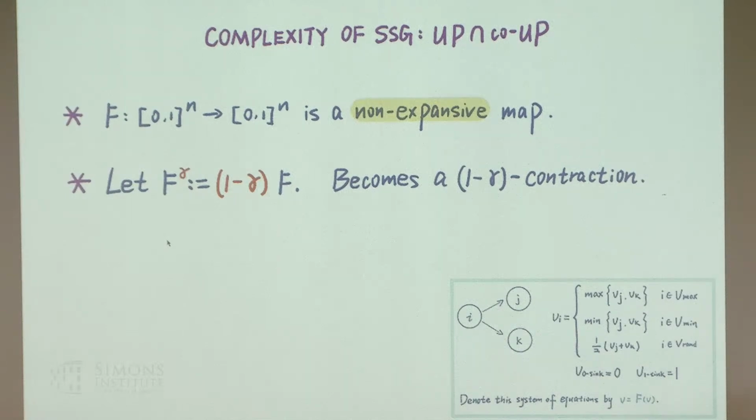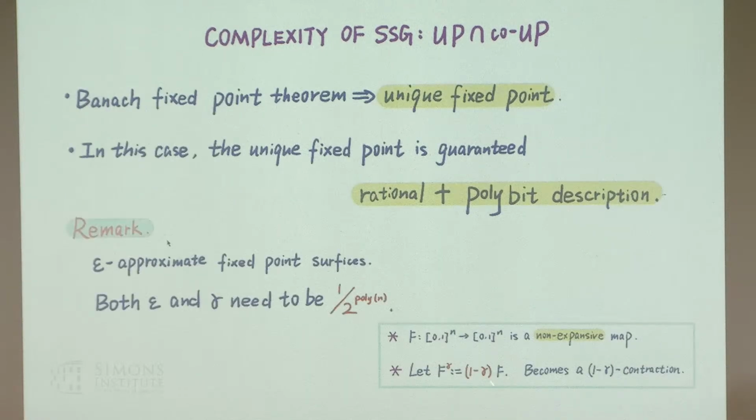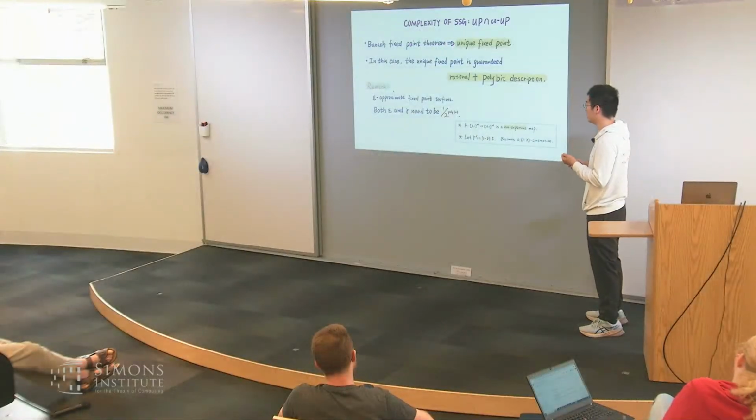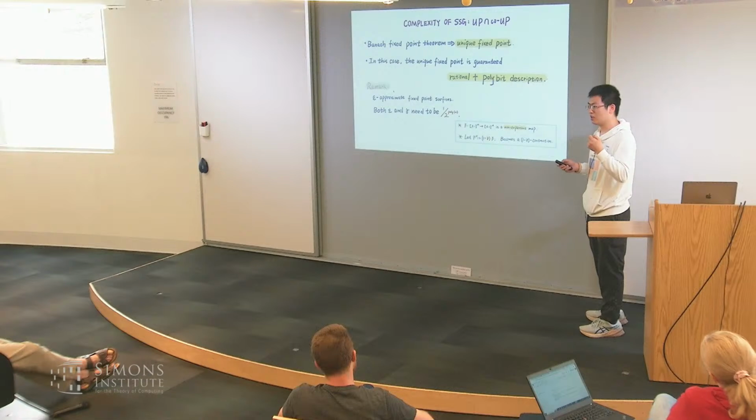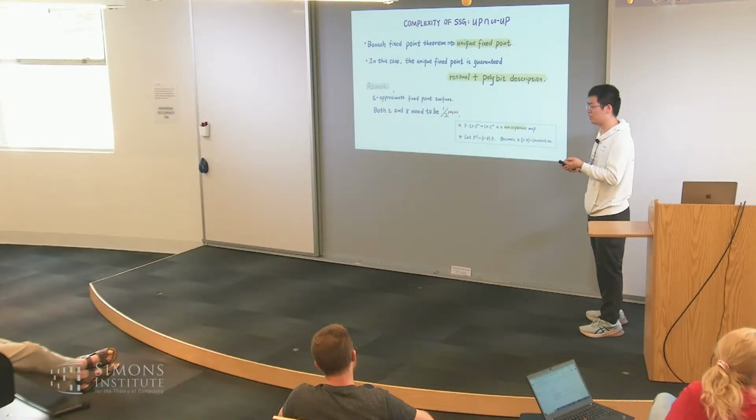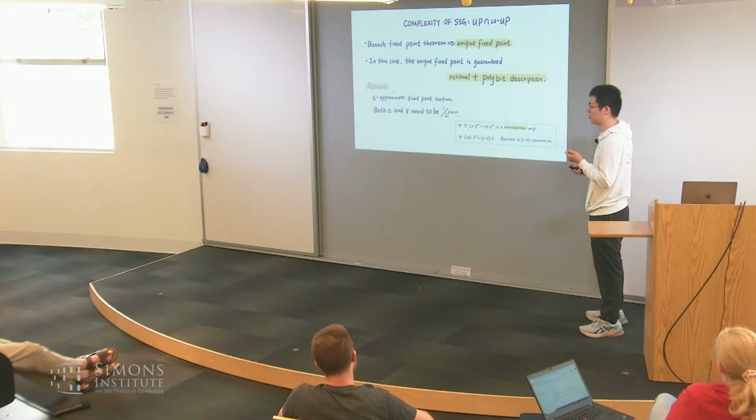Okay. So that's exactly why in this reduction, both epsilon, this approximation parameter, and gamma need to be inverse exponential. So that's why when we try to find a fixed point of contraction maps, the complexity dependence needs to be polynomial in n, which is the number of vertices, and logarithmic of epsilon and logarithmic of gamma.